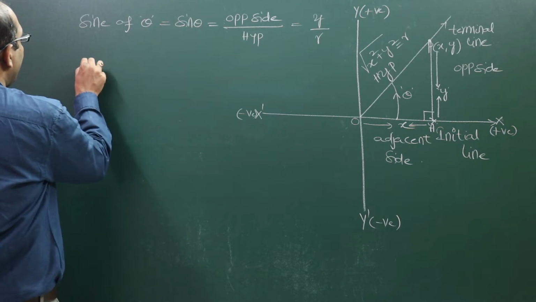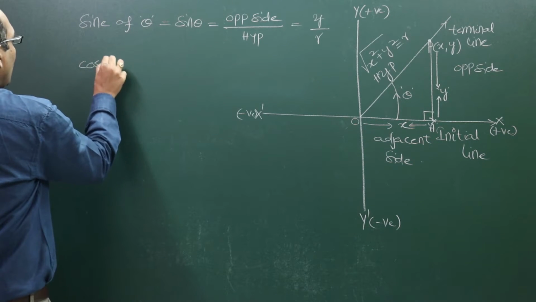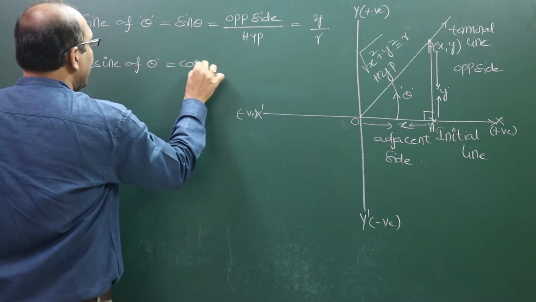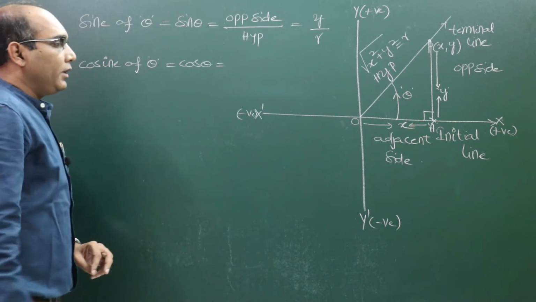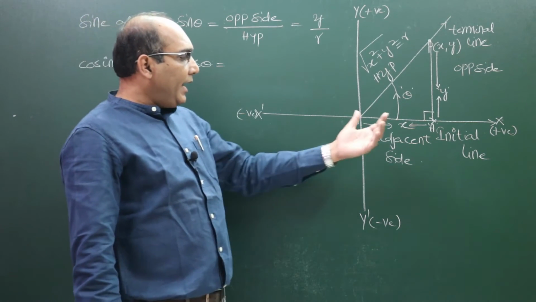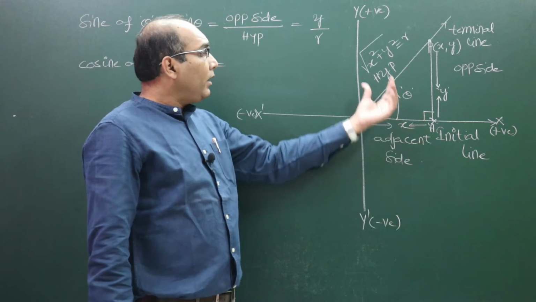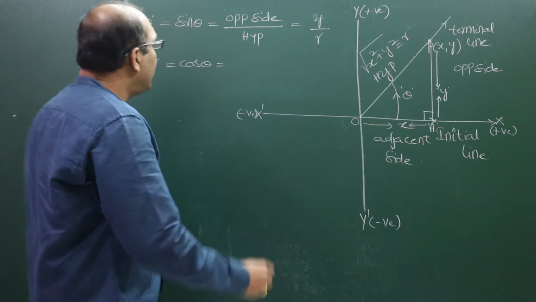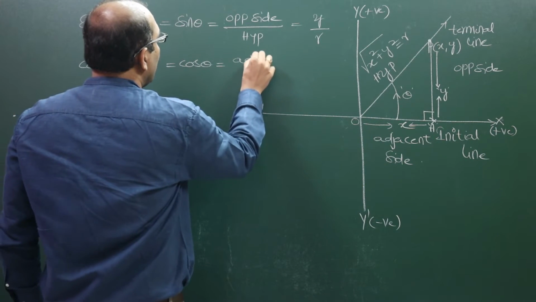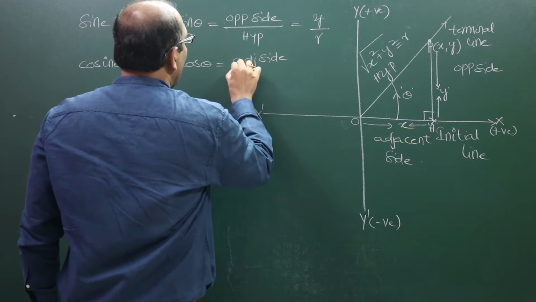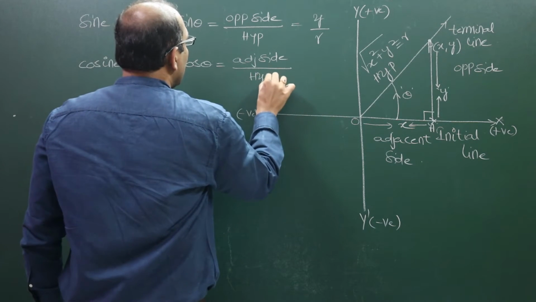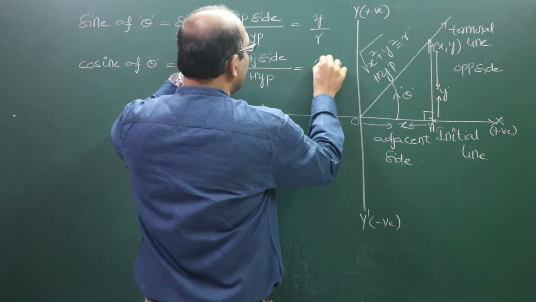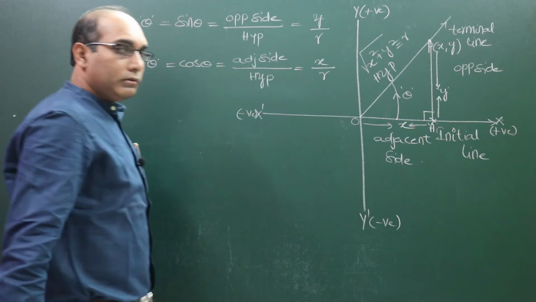And second trigonometric ratio, that is cosine of theta, that is simply cos theta. The cos theta is defined as adjacent side by diagonal or hypotenuse, that is adjacent side by hypotenuse, that is adjacent side is this one, that is x by r.